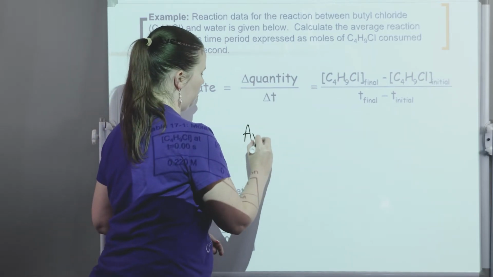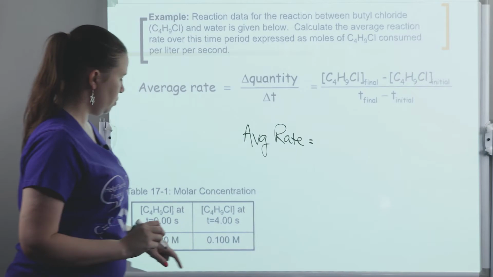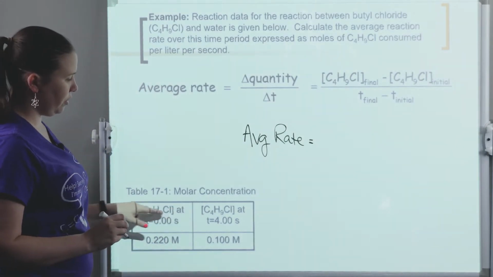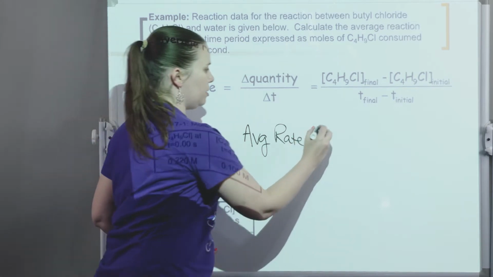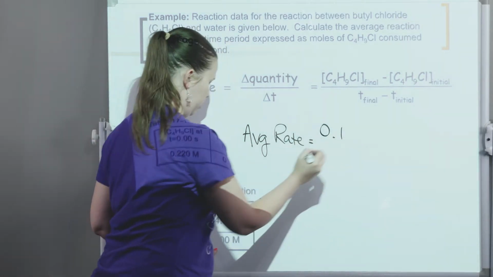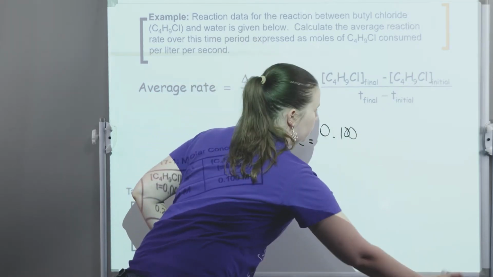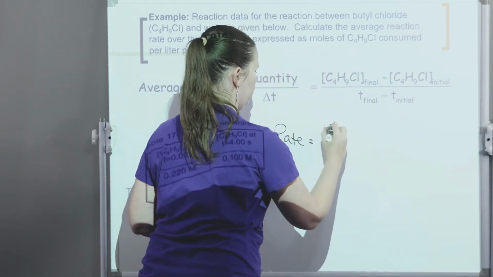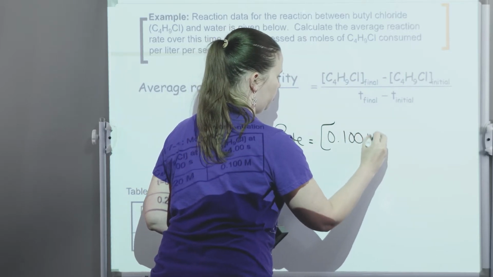Let's find our average rate. So the concentration final would be the one at the end of the experiment, at the end of 4 seconds. So it's going to be the 0.100.